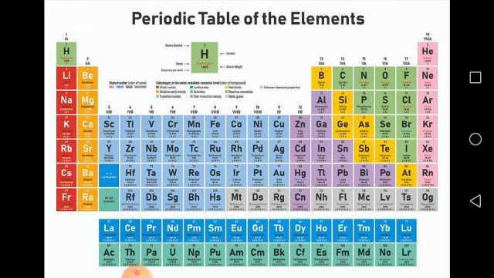As we see now, the periodic table consists of 7 horizontal rows, which are called periods, and 18 vertical columns, which are called groups. Each horizontal row, or each period, represents one principal energy level.